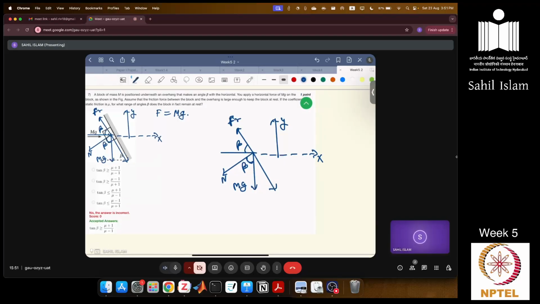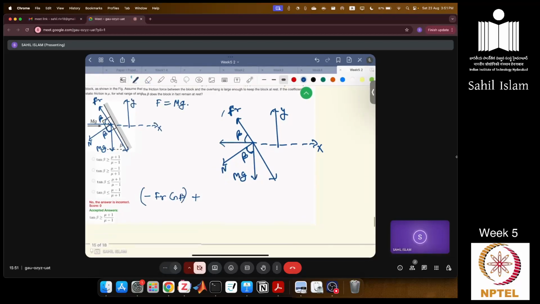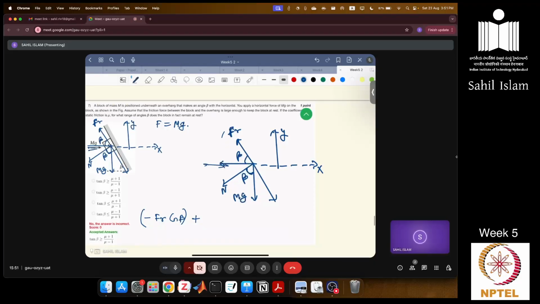Now along x direction we have due to frictional force, minus Fr cos beta, because it will be in negative x direction, plus what else is there? So this force is there, mg force. So in this direction, let's say this is F, so plus F. So this normal reaction will have a component like this, so minus n sin beta.